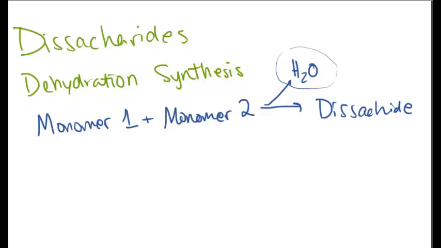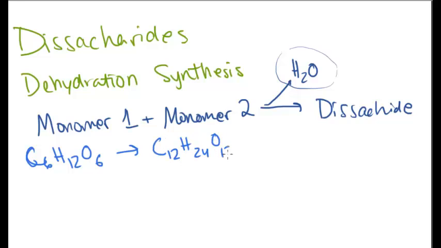So theoretically, you would think that since the chemical formula for a monosaccharide is C6H12O6, a disaccharide would be C12H24O12. But since you're losing this water right here, you're losing two hydrogens and an oxygen.